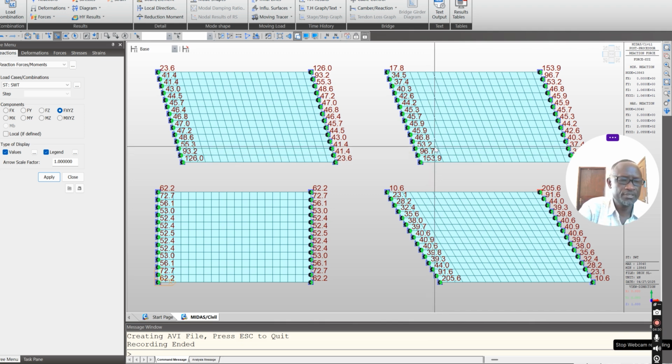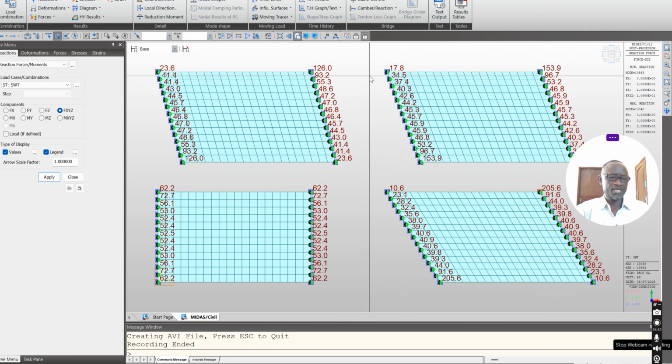As you increase the angle to 20, you can see the value also increases. So it seems the reaction value at the obtuse angle for a skewed deck increases with increase in the skew angle, and with a lot of twisting and shear forces, you're going to see the output on the other side.